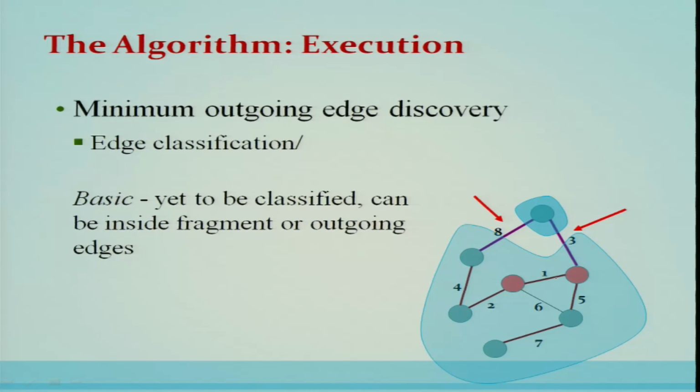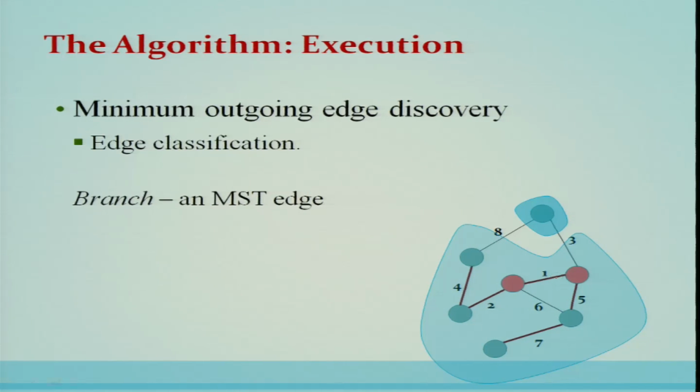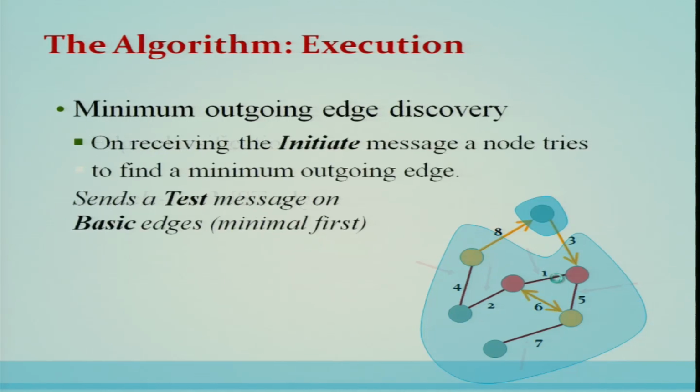So the basic edges yet to be classified can be inside the fragment or outgoing edges. Rejected will always be inside the fragment, and branch is an MST edge.